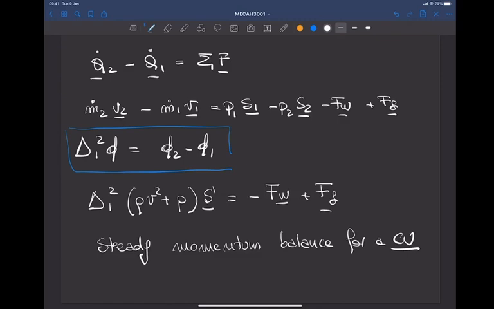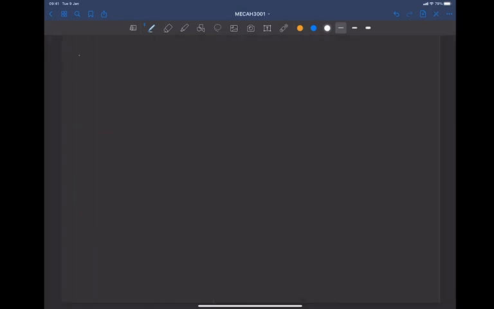Okay, now in case we do not have a steady process, in that case we have to consider the time derivatives.